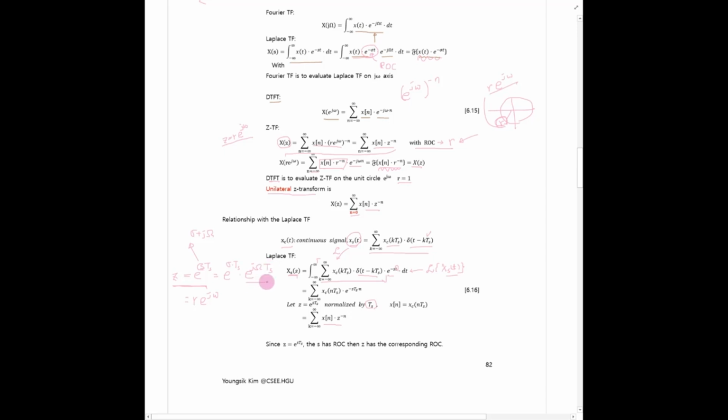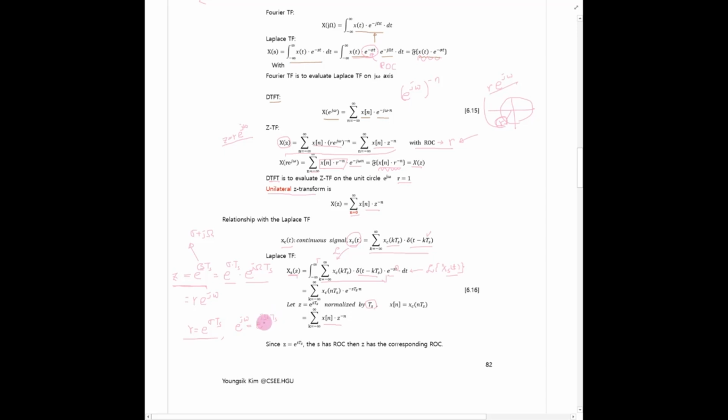Okay, so this term is r. Sigma times Ts is r. Okay, and e to the j omega equals e to the j omega times Ts.